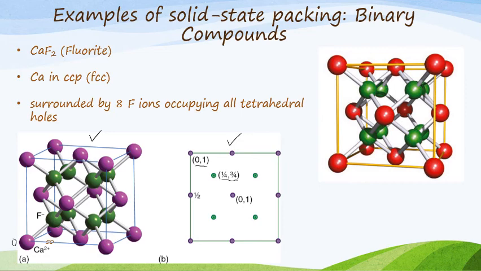So if you choose the origin over here, you can see that that's a 0 and that's a 1. And then this is 1/4, this is 3/4, and so on and so forth. And then this one will be at 1/2. So this one I would expect you to be able to reproduce. If I give you a diagram like this diagram here in an assessment, then I would expect you to be able to possibly even draw the 3-dimensional structure of the particular material.